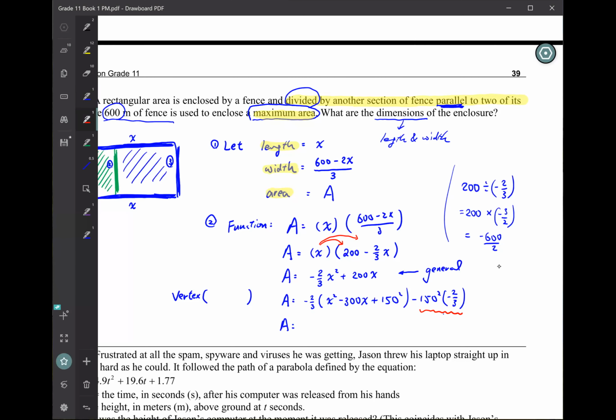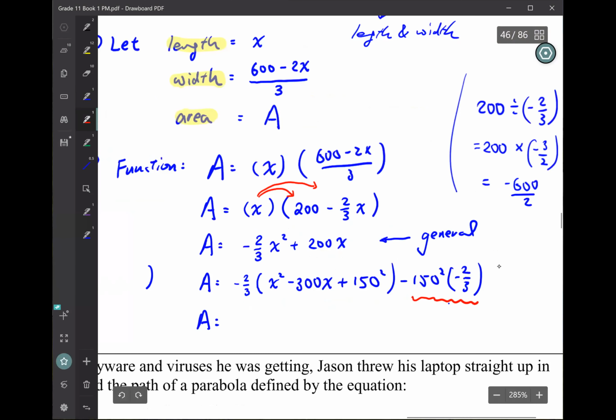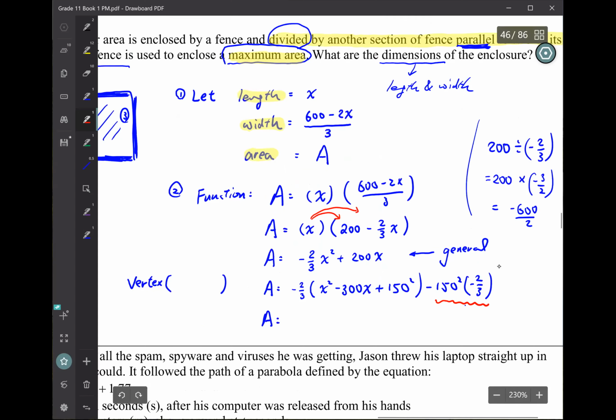Just make sure you type in correctly. The square does not make the negative disappear, okay? Because there's no bracket on the 150, negative 150, the negative will still be there. And when you times it by negative 2/3, it'll become positive, okay? So at the end, the outside number should be positive.